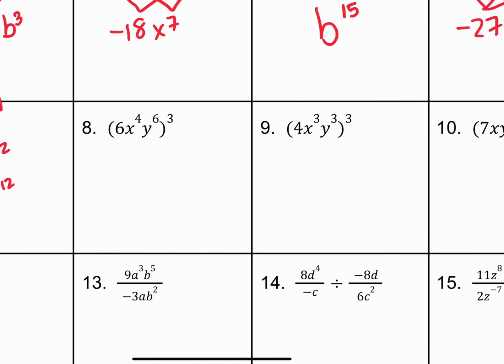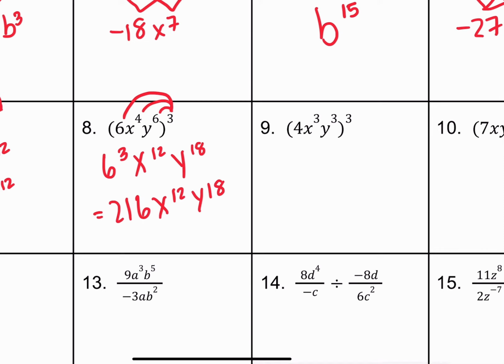For number 8, same thing. You would have to do 6 to the 3rd power this time. X to the 12th, y to the 18th. And then if you simplify 6 cubed, that would be 216, x to the 12th, y to the 18th.